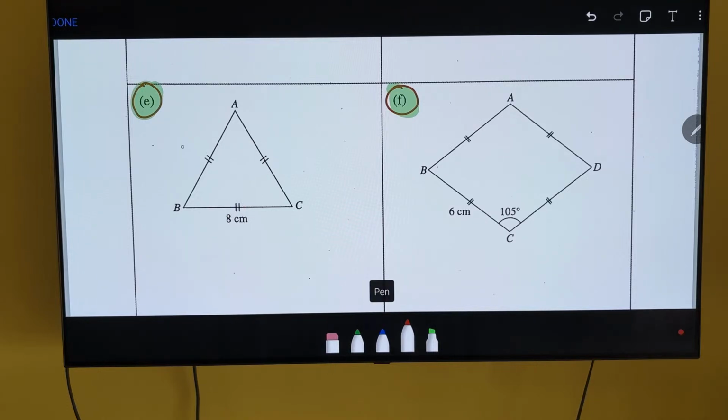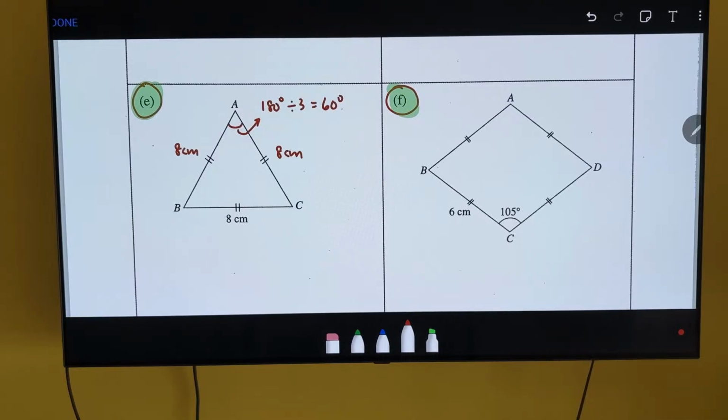I will annotate first. Alright, how about angles? Because all angles within a triangle is 180 degrees, and if all angles are equal, therefore one of the angle will be 180 degrees divided by 3, which is 60 degrees.